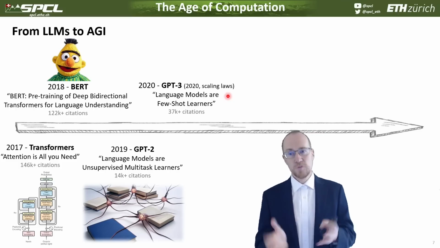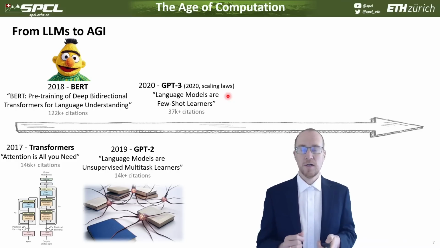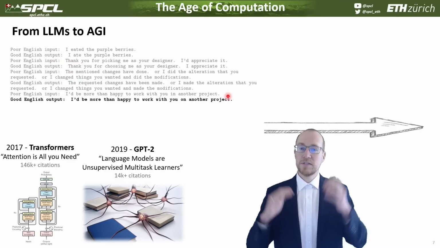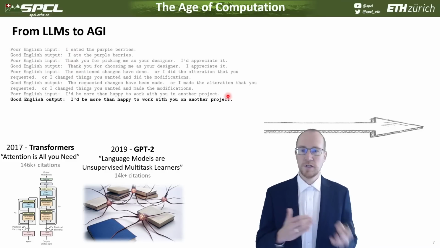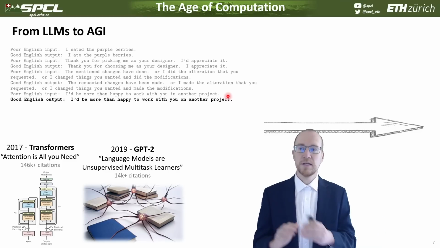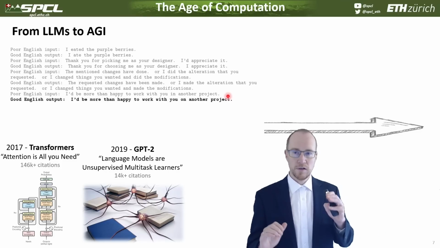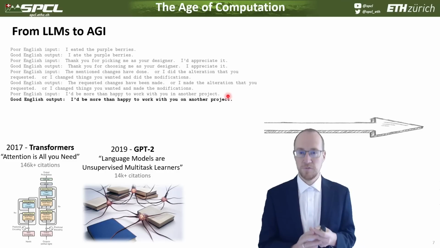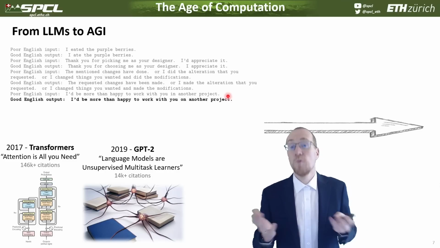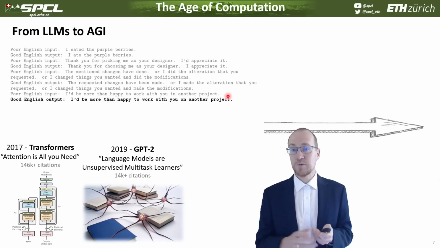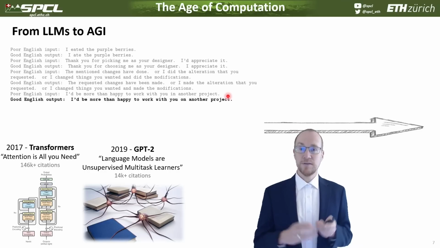Well, an unsupervised multitask learner is a completioner, but a few-shot learner is a little bit more powerful in the sense that you give it some examples, like poor English, good English, poor English, good English, and then you give it a poor English sentence and you say good English, colon, and then it completes based on the examples it has seen before the sentence. Of course, with the most likely language, that represents the distribution of text on the internet that it has seen.